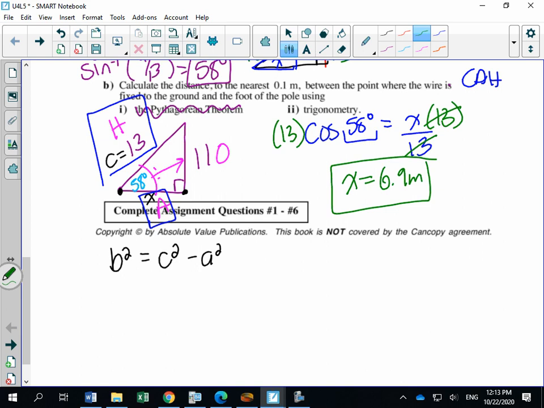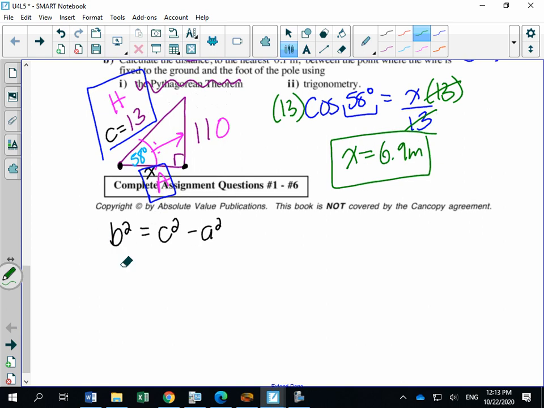Okay, let's double check using Pythagoras' theorem. Using Pythagoras' theorem, it is c squared equals a squared plus b squared, but I'm already given the hypotenuse. So I'm going to use b squared equals c squared minus a squared. We were looking for this guy here, and my hypotenuse was 13 squared minus 11 squared.